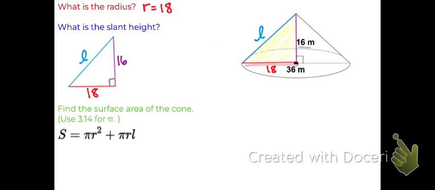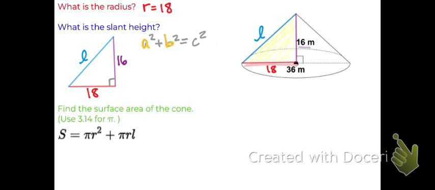So here we go. We have a right triangle where we know two side lengths but not the third. So we can use the Pythagorean theorem to find that missing side length. The Pythagorean theorem is a squared plus b squared equals c squared, where a and b are the legs.